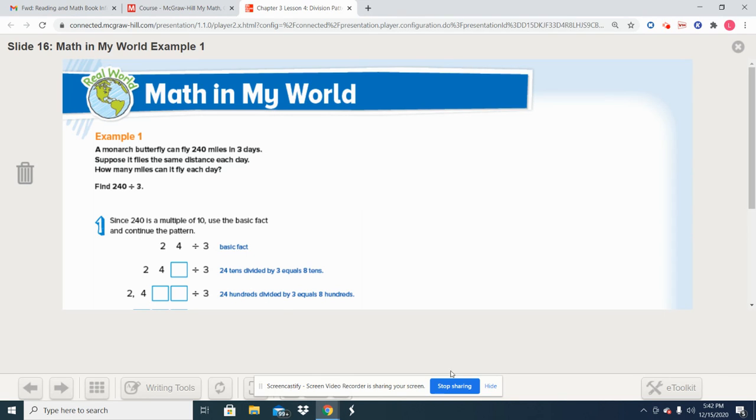So the basic fact, if we would cover up the 0, is 24 divided by 3. Now, if we were to add the 0, it would be 24 tens divided by 3 equals 8 tens. 24 hundreds divided by 3 equals 8 hundreds.